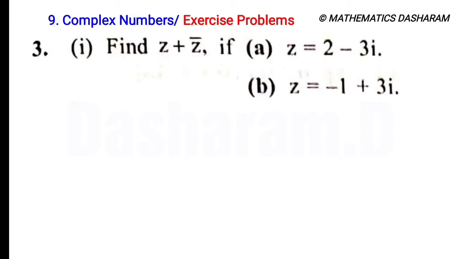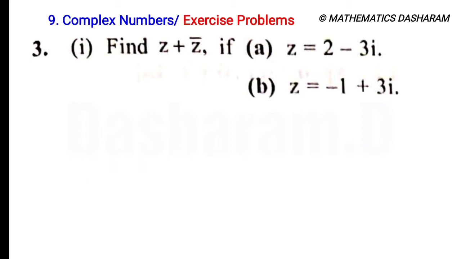Third bit, first question: find z plus z bar if z equals 2 minus 3i, and the second one is z equals minus 1 plus 3i. If z equals x plus iy, then z bar means the conjugate of z, that is x minus iy.